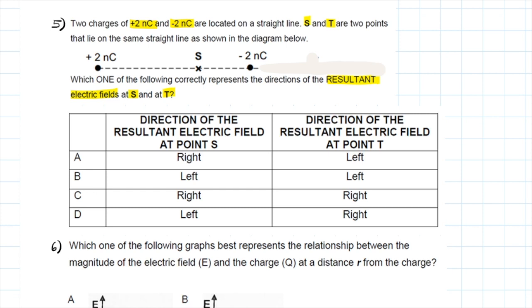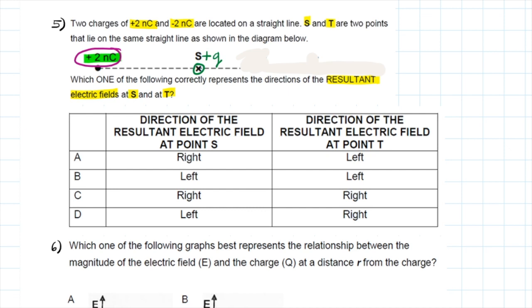Let's first look at the positive 2 nanocoulomb charge over here and see in which direction its electric field will be at point S. To do so, we're going to take a positive test charge and place it at point S. We then say, where will this positive test charge move as a result of this positive 2 nanocoulomb charge?